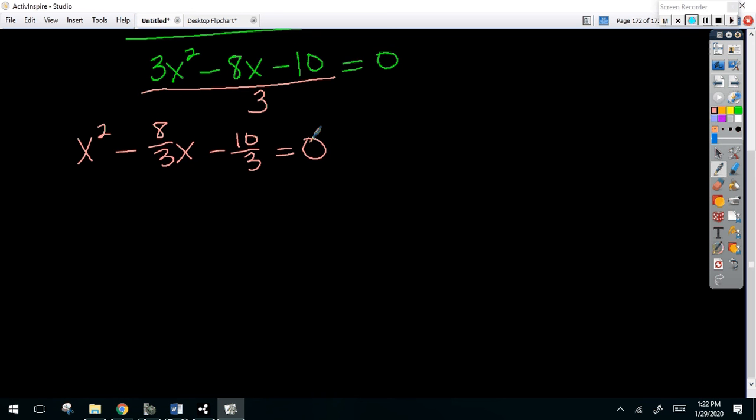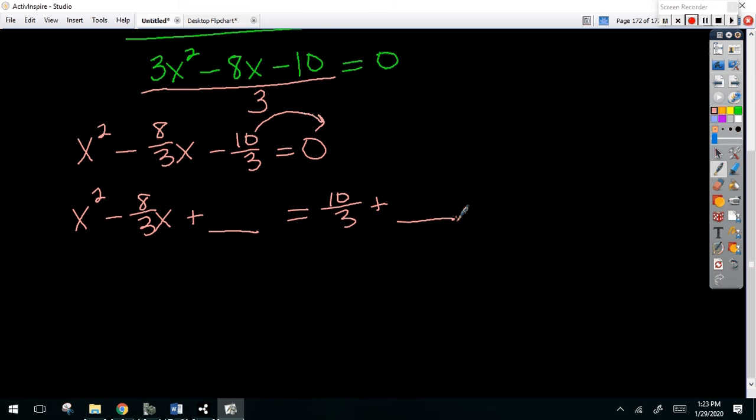What's my next step say to do? Move the c. To move it, I have to do what? Add it. When you do this, leave a blank here and leave a blank here. Now here comes the hard part. How do I find a good c? b over 2 squared.